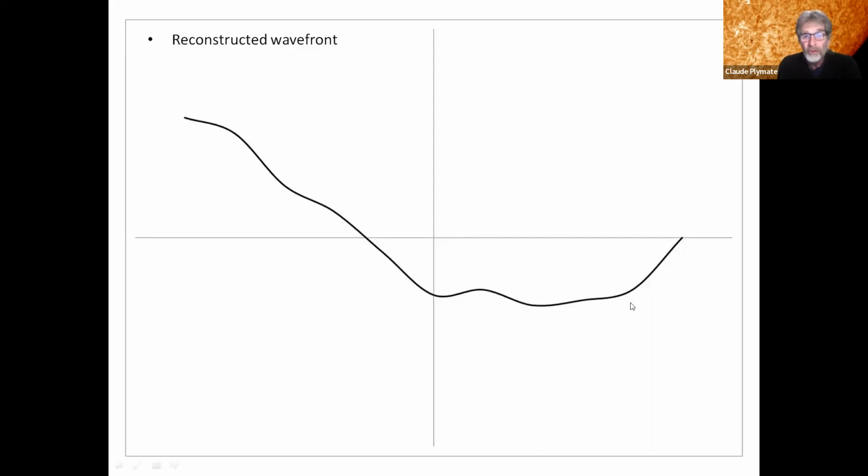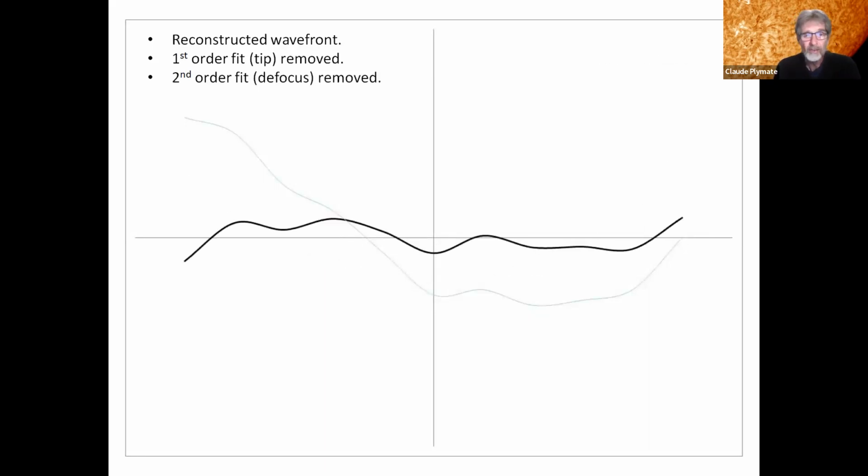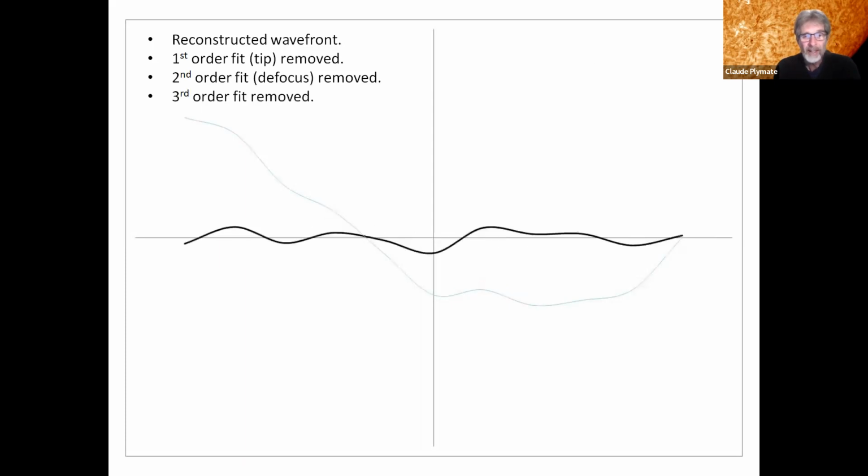What we would first do is a linear fit to that waveform. In other words, fit a line to it. Then that line could be subtracted out and we are left with that. Then we could fit the residual to a second order polynomial, subtract that out, and then fit that to a third order, subtract that out.